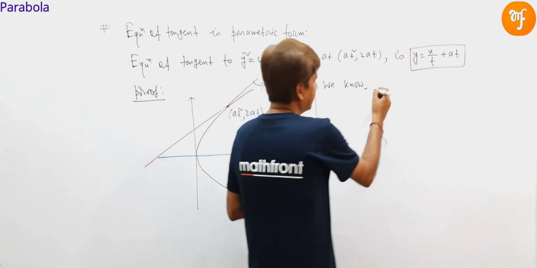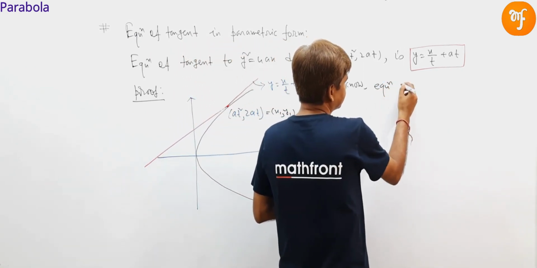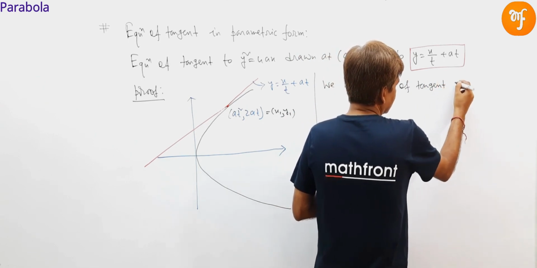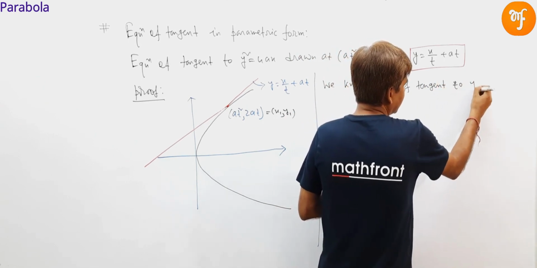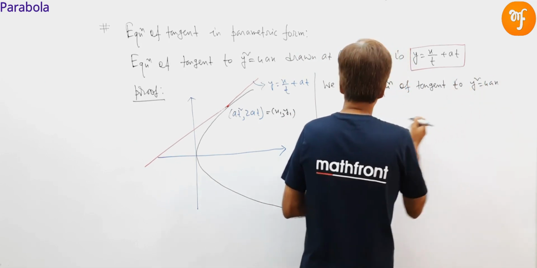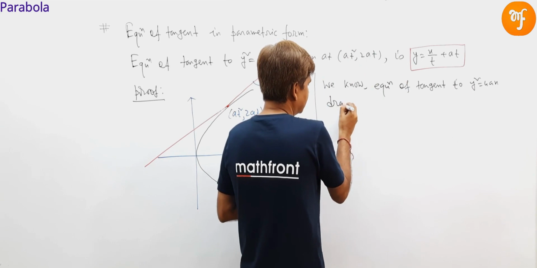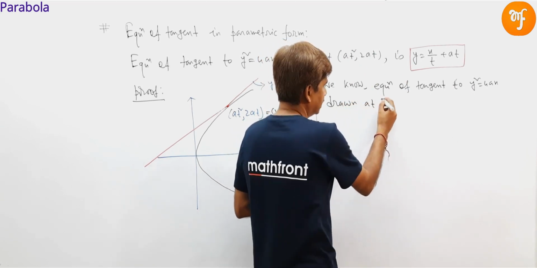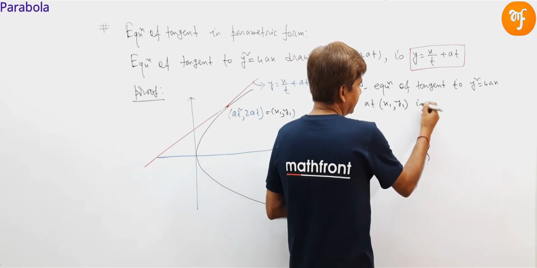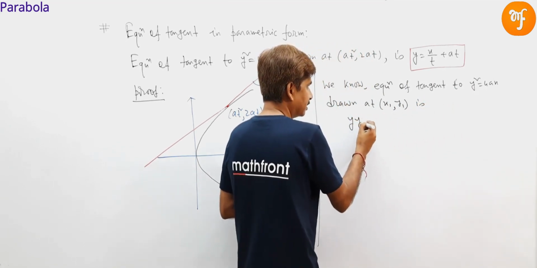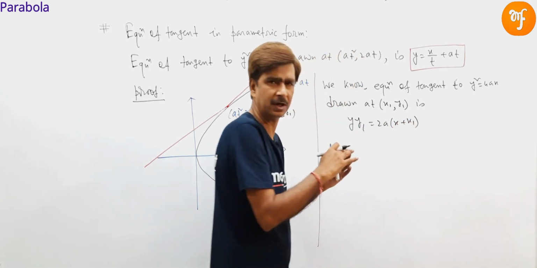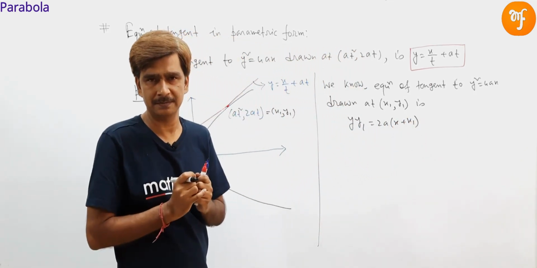So we know the equation of tangent to the parabola y square is equal to 4x drawn at x1 comma y1 is y y1 is equal to 2a into x plus of x1. We already proved this in the previous discussion.